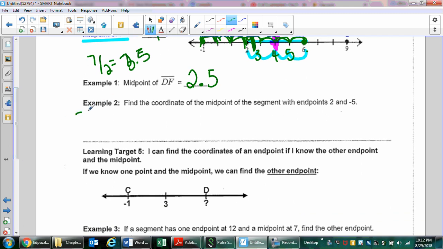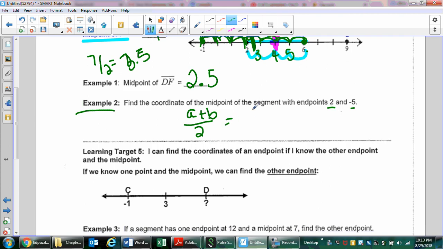All right, so example 2 says find the coordinate of the midpoint of a segment with endpoints 2 and -5. So when it's not on a number line, what would be the formula we're going to use? It's easy. It's just going to be A plus B divided by 2. Okay, it doesn't need to be in absolute value because midpoint can be a negative number.